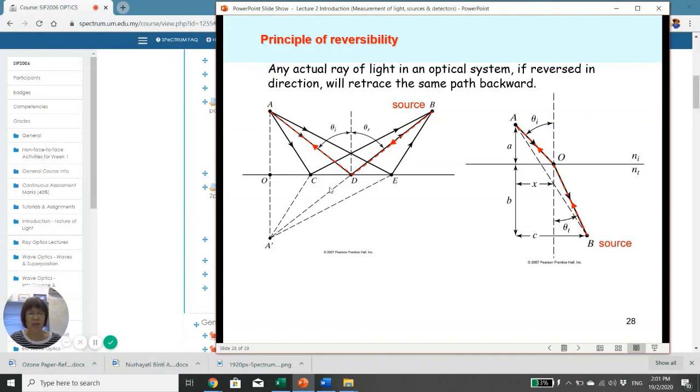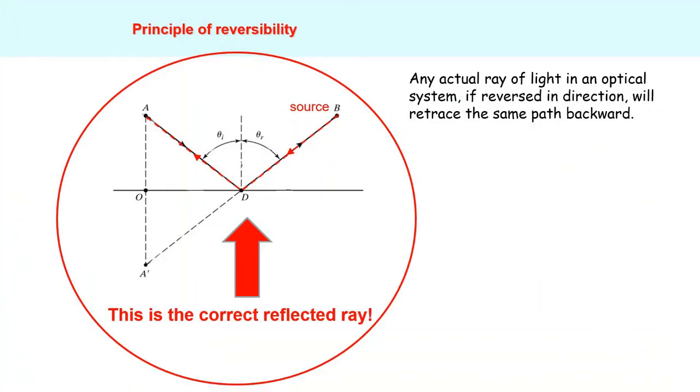Only ADB is correct, where the incident angle equals the reflected angle. Light travels from A, is reflected at point D, and reaches B. If B is the source, the light ray follows the same path, reflected at D, and reaches A. So that's reversibility.